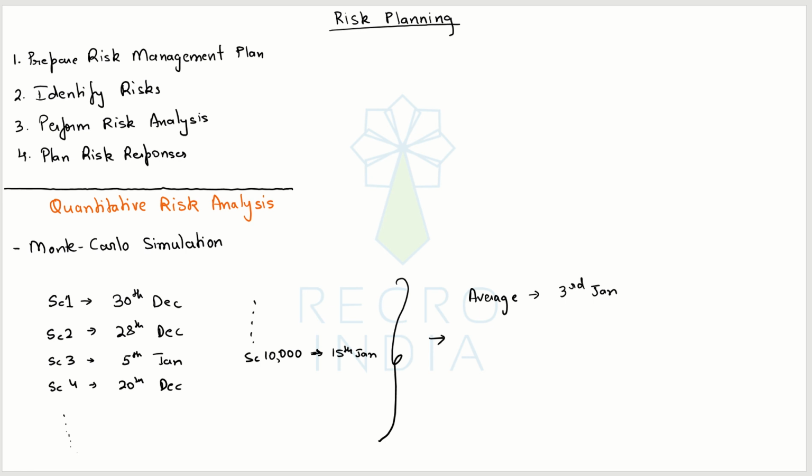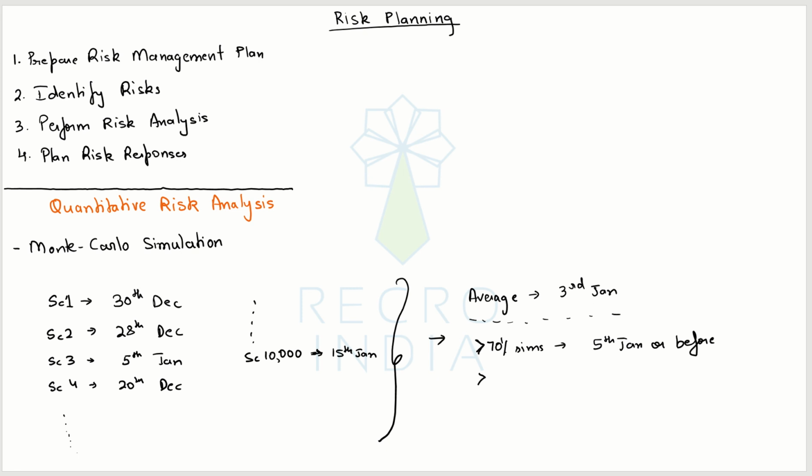If this is the average, then maybe we can figure out that more than 70% of simulations revealed an end date of 5th Jan or before. So now we can say that we are 70% confident that the project can finish before 5th Jan.